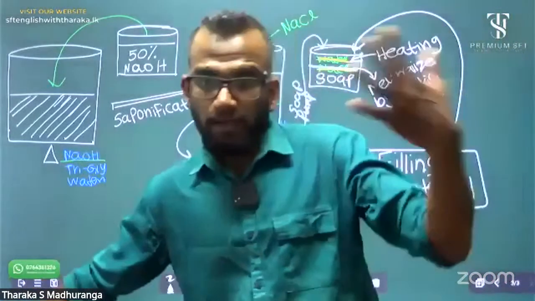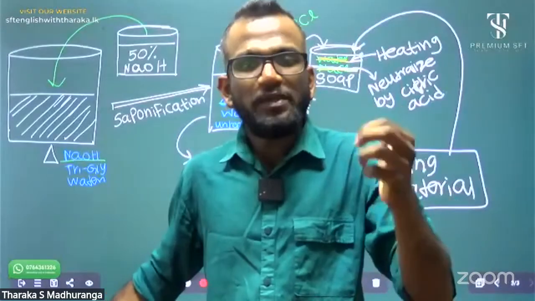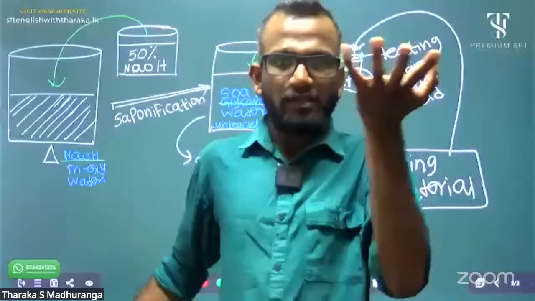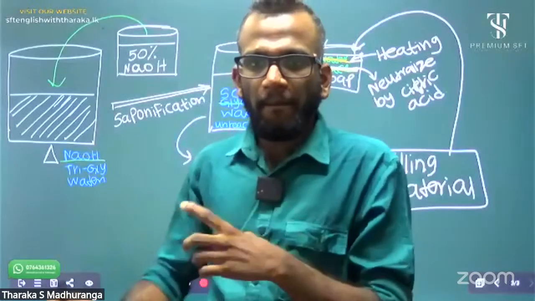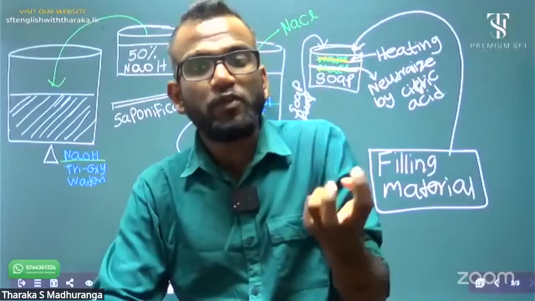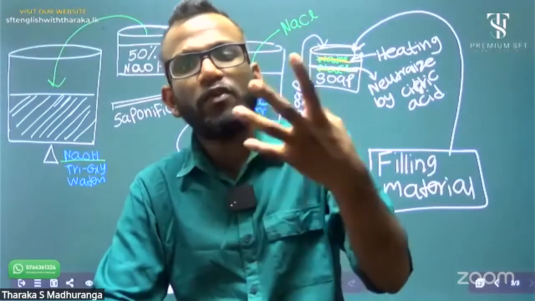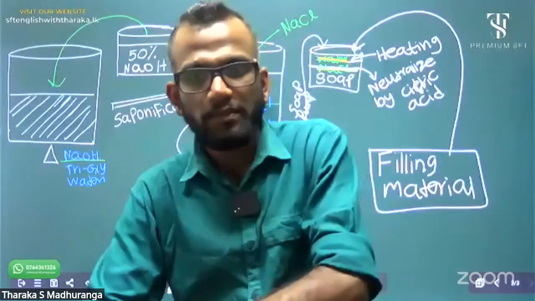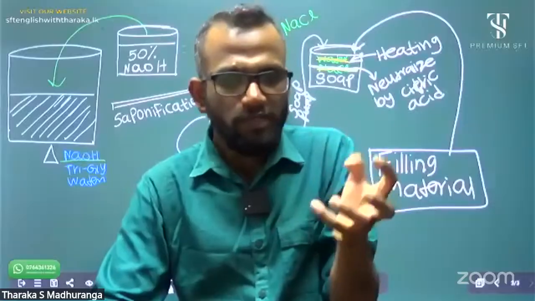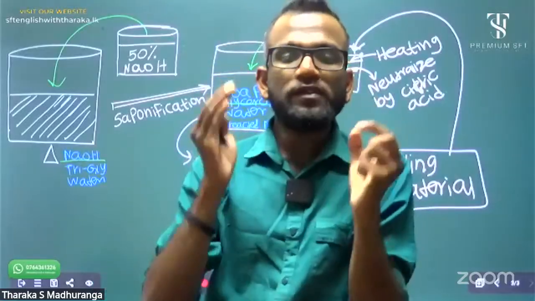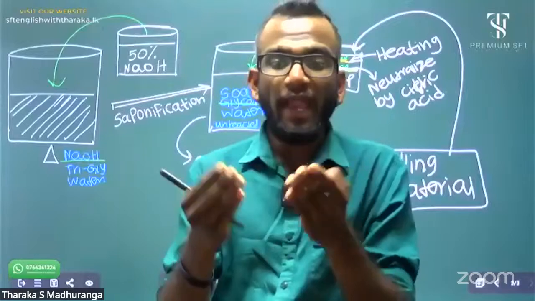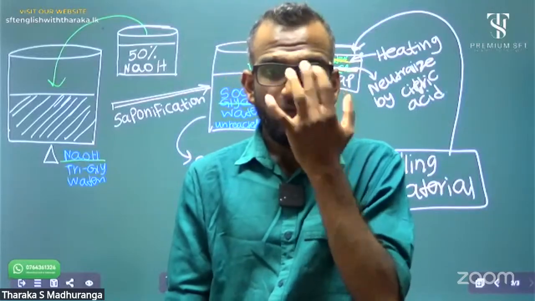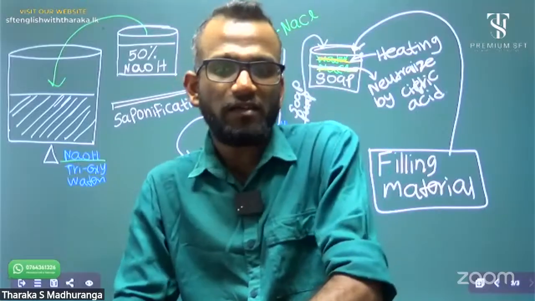Filling materials just increase the quantity. Now think, pure soap produces only 200 grams, but I want 500 grams. Then I want to add filling material. In soap production, the most used filling material is sand. Can you believe?